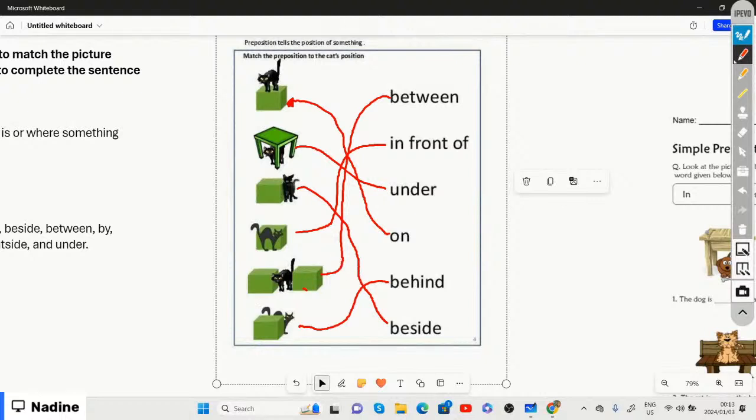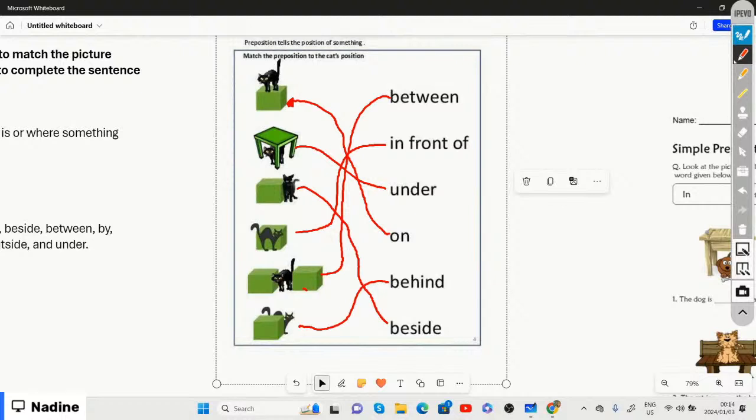Right? So basically, all you need to do is look at the position of the cat. If you have a specific object and they will maybe tell you where something is, then you would basically just say where something is. If it's between, in front of, under, on, by, beside, behind, outside, inside.